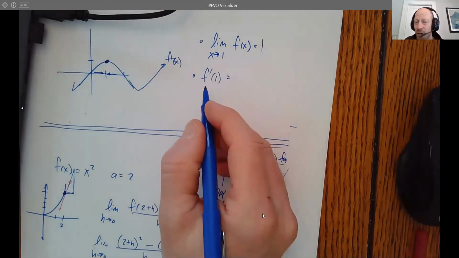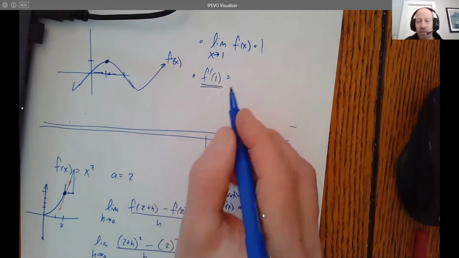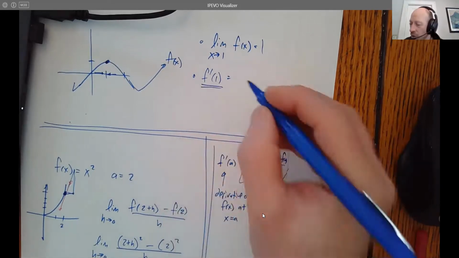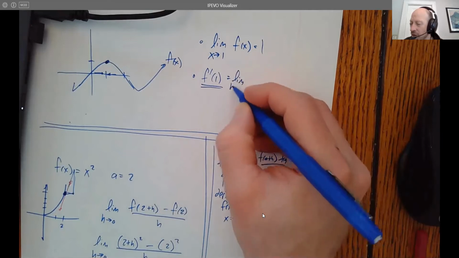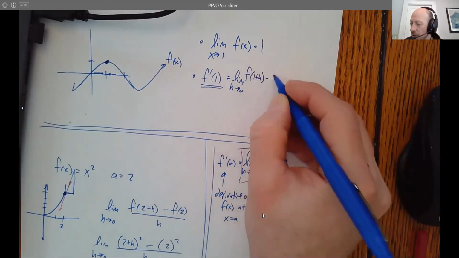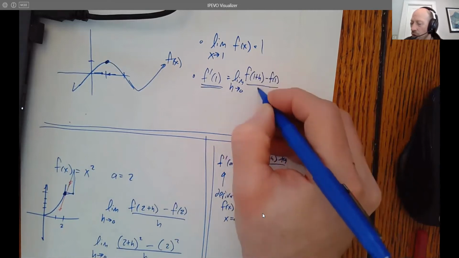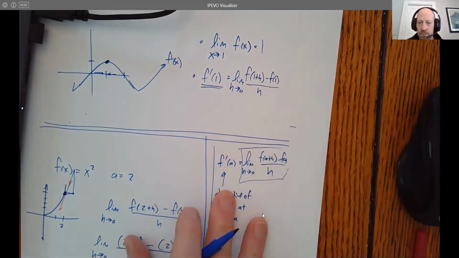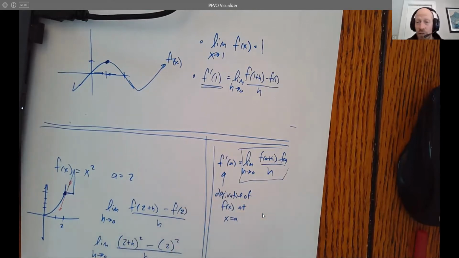This is a different question. This is saying, what is the derivative of the function at 1? The derivative is the limit as h goes to 0 of f of 1 plus h minus f of 1 all over h. That's a limit, and it's involving the function, but this limit is calculating something different.